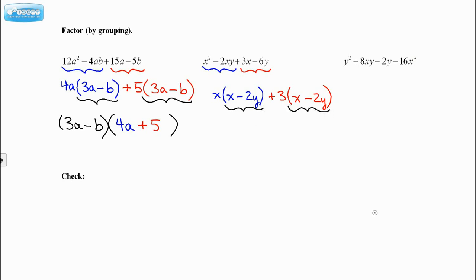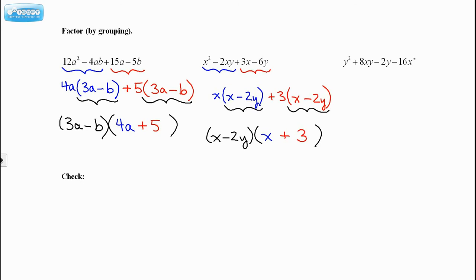So that is my new GCF, only it is a binomial. So that gets factored out. I get x minus 2y, and then I write whatever's left. So that was the x plus 3. That one is done.